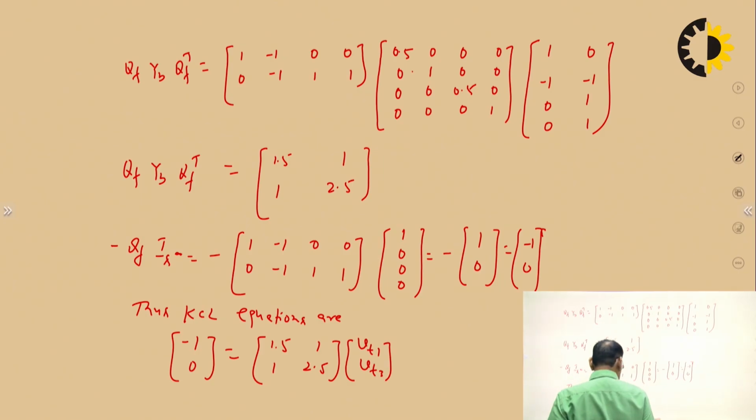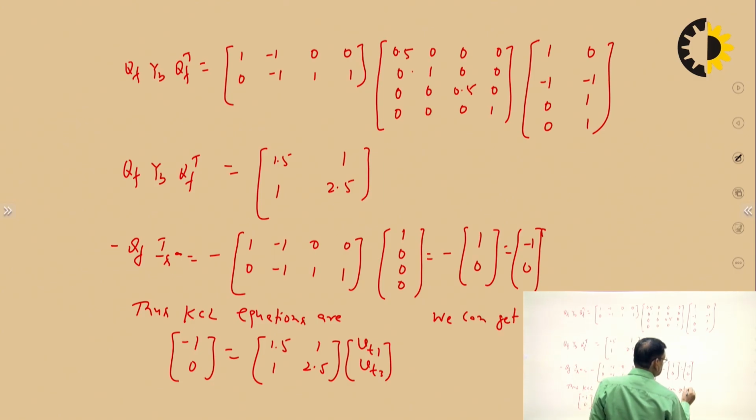Using these equations we can get VT1 and VT3. VT1 is the branch 1 voltage and VT3 is the branch number 3 voltage. So we can get the other branch voltages just by applying the loop analysis, KCL or KVL, and we can also find the current through the branches. So this is all about the question.